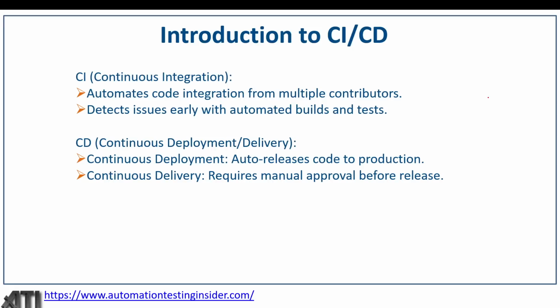So let's say there are three environments we have. This is the production environment, and here we have the staging environment, right? And let's say we are working on a few change requests.